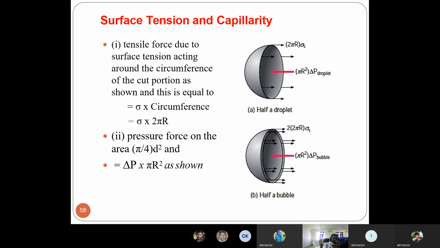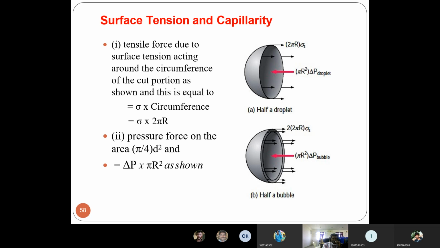Sigma is the surface tension. Tensile force is F. Surface tension is equal to tensile force by circumferential length. Therefore, tensile force is equal to surface tension sigma into circumference. So, tensile force is equal to sigma into circumferential length 2 pi r.